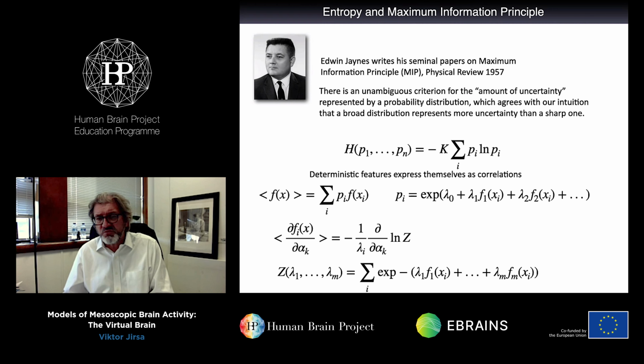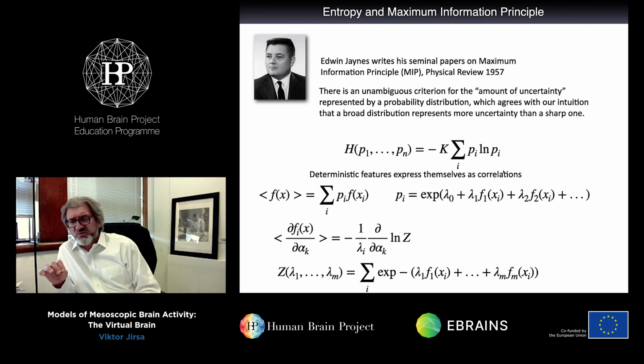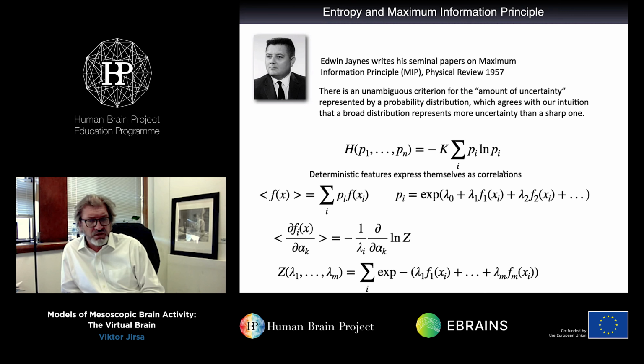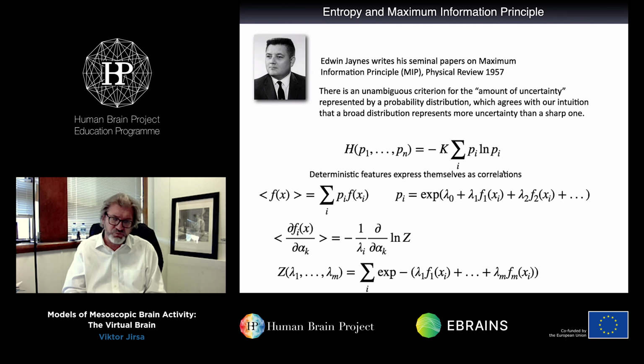When we take this information criterion and say we take all the deterministic features into account that are present in the data, and can agree that there is absolutely nothing else in there, plus the degeneracies that we spoke about, we can minimize that information criterion and derive an explicit analytical equation for the probability distribution, which takes this form.